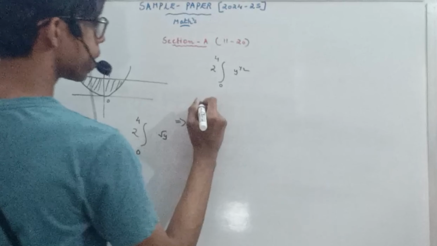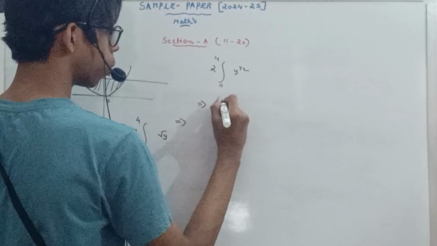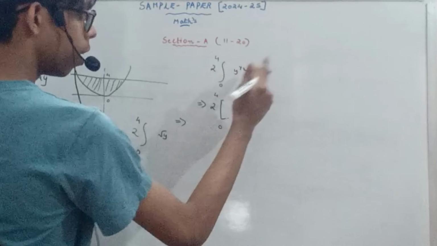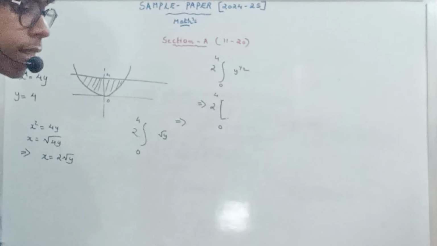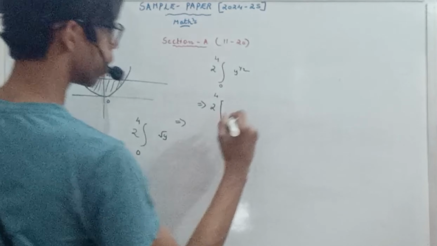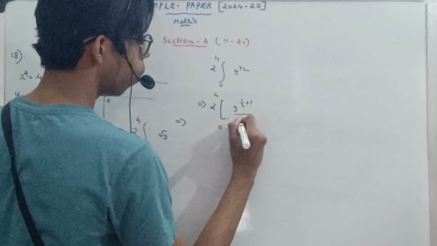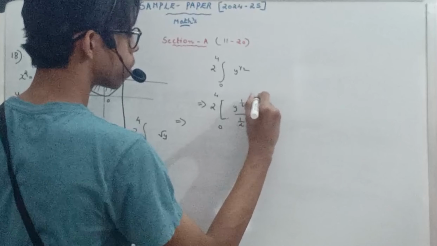Now we can just solve this integration. We know the integral of x raised to n is x raised to n plus 1 by n plus 1. So we can write y raised to 1 by 2 plus 1, the whole divided by 1 by 2 plus 1.